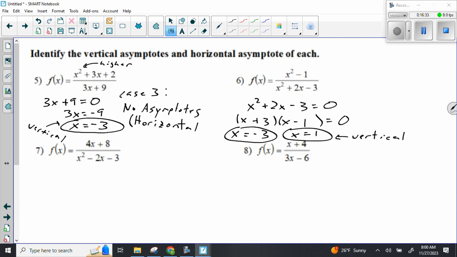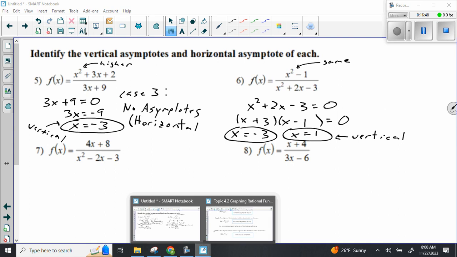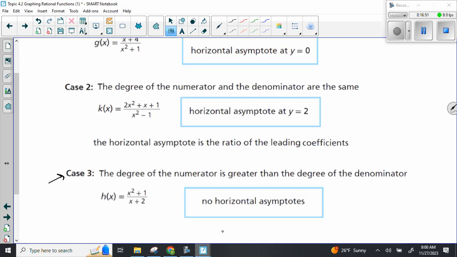And what do we have here? The degree of my numerator and the degree of my denominator are exactly the same, right? Both are second degree polynomials in my numerator and in my denominator. What does our rule say for that? It looks like case 2. The horizontal asymptote is going to be the leading coefficient.